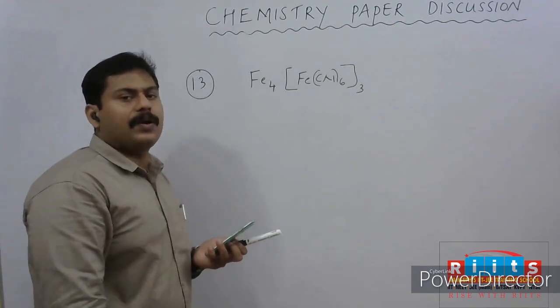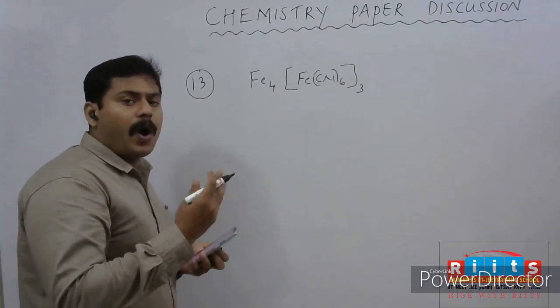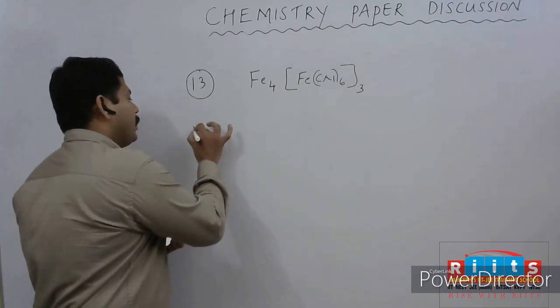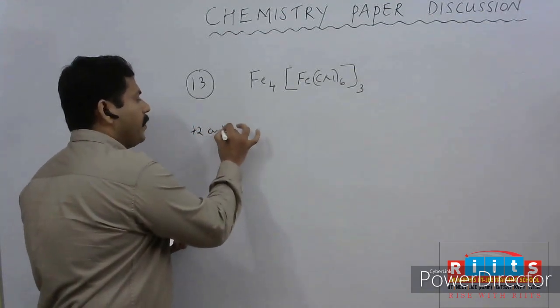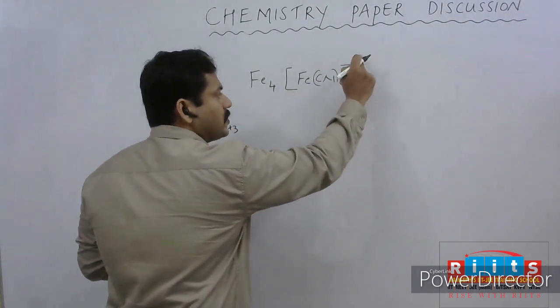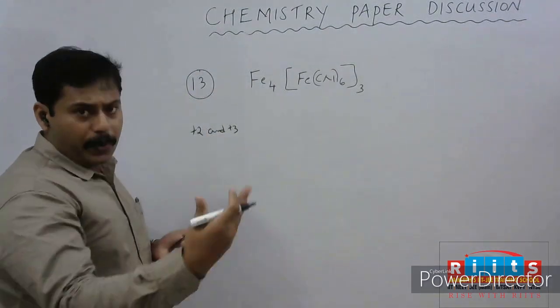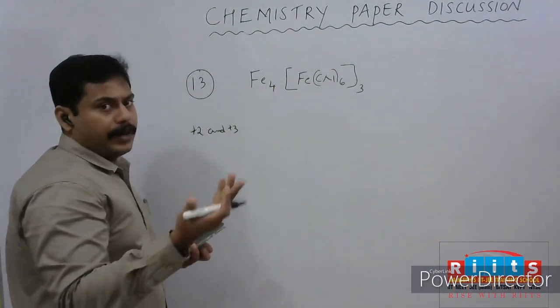But simply we can call it ferric ferrocyanide. The possible oxidation states of iron are +2 and +3 only. And whatever the overall charge on this complex, it has to be exactly neutralized by this charge, so you can put the possibilities here.